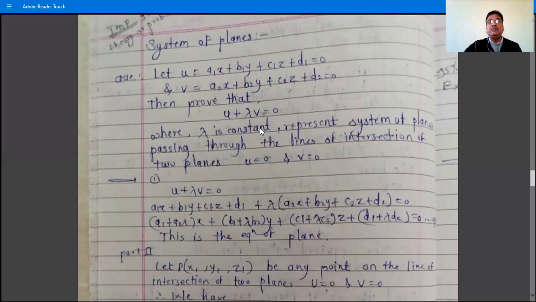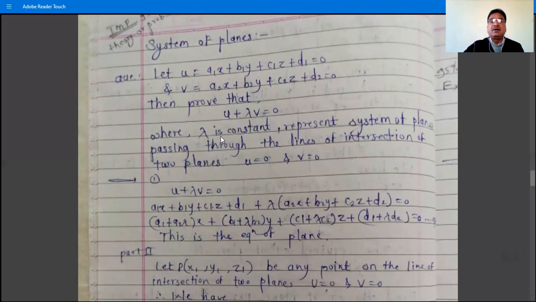And U plus lambda V is equal to 0 is the system of planes. It means we have infinitely many planes passing through the line of intersection of these two planes, U is equal to 0 and V is equal to 0.